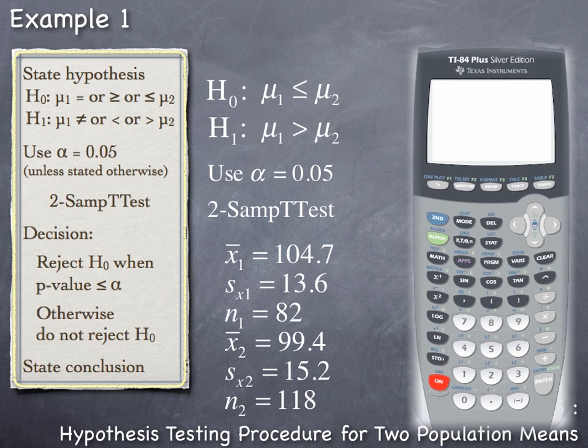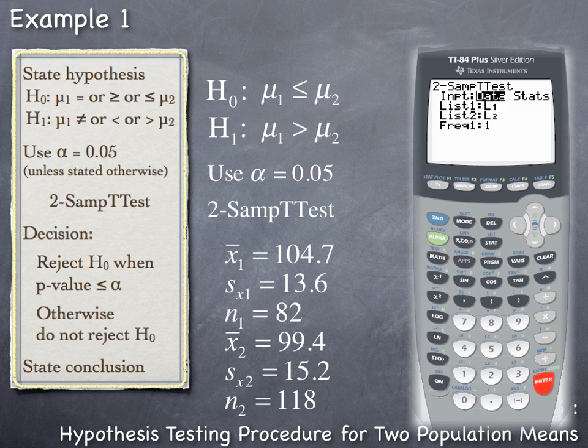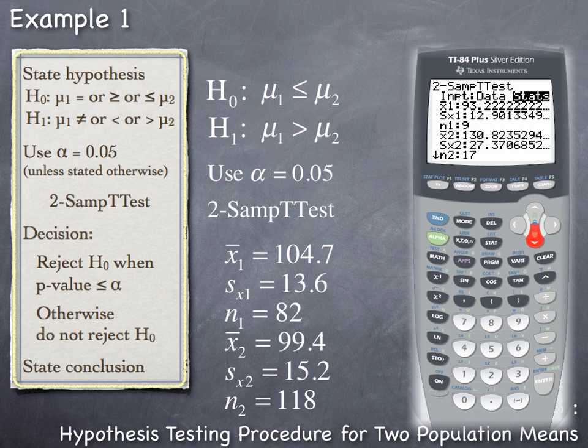On the TI-84 calculator, we would press Stat, arrow over to Tests, and then arrow down to 2-SampTTest. Enter. Now what we have for input is statistics, so we arrow over to Stats, press Enter to select, then down arrow. We enter the statistics. x bar 1 equals 104.7, enter.